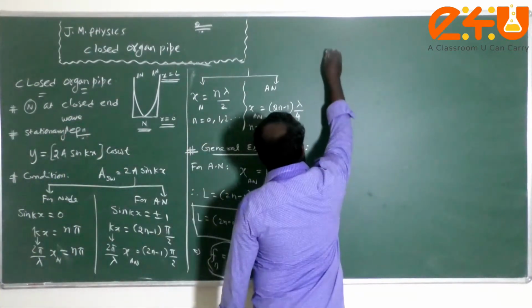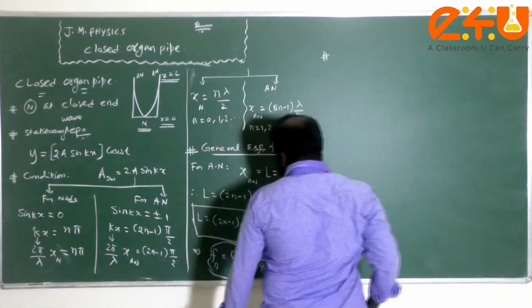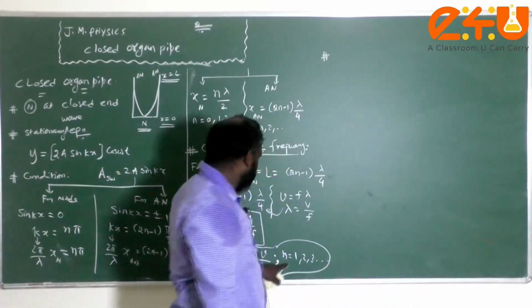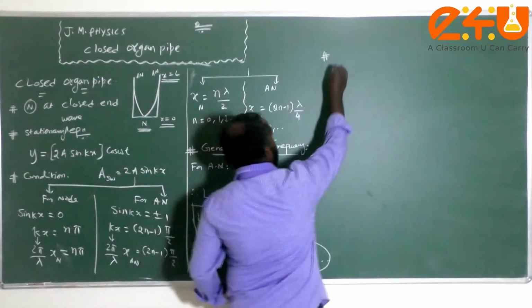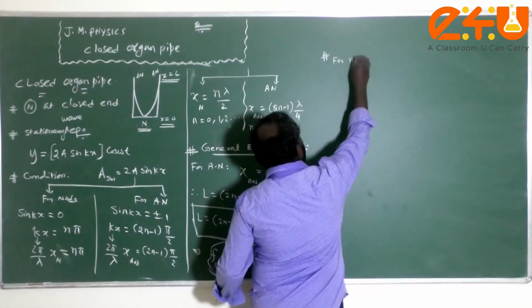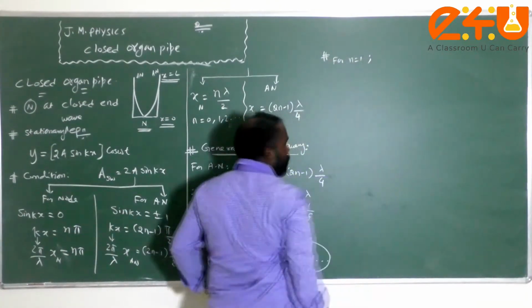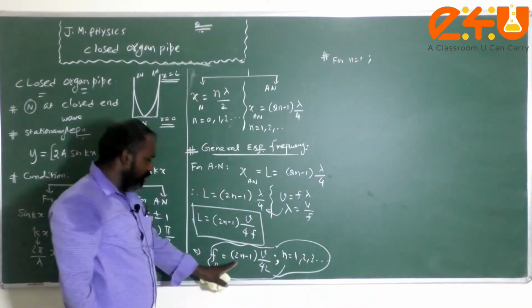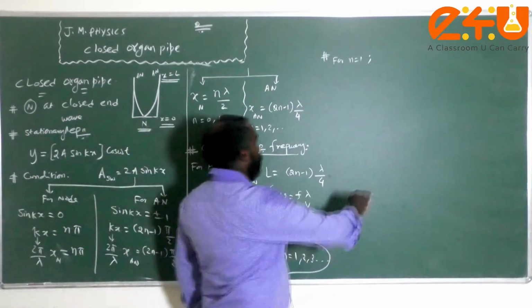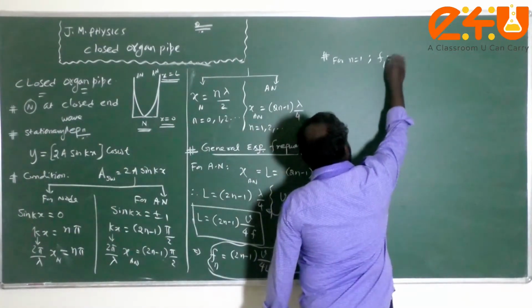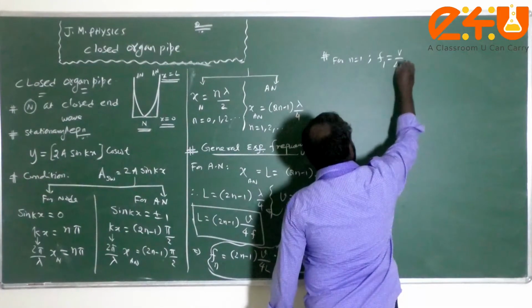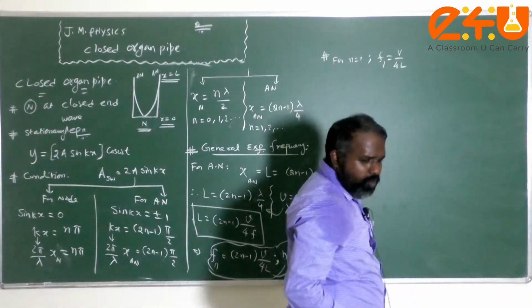Another parameter we are going to discuss: for example, if n is equal to 1, you just substitute here, we will get F1. Therefore F1 is equal to V by 4L.